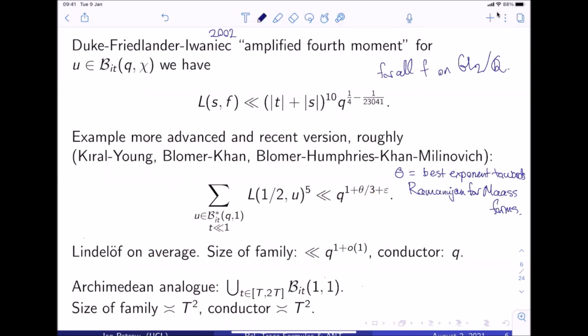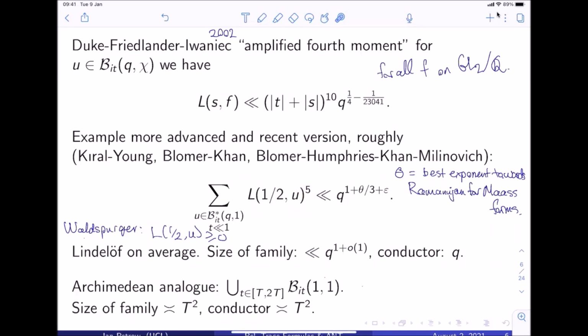And we also know from work of Waldspurger that these central values are always positive in this case. So this is really using very strongly that I have trivial central character here. And so we can do the same sort of positivity argument that I showed in the simple example on slide 2, to drop all but one of the terms here and then take 1/5 powers of both sides.